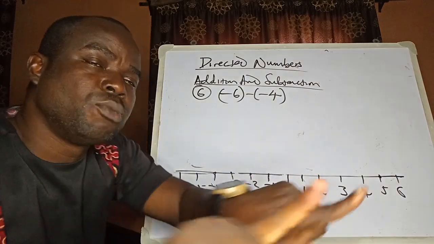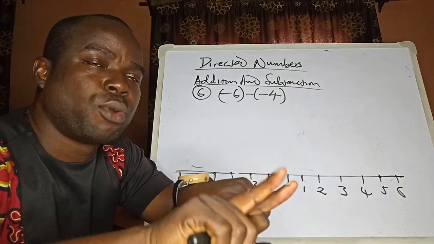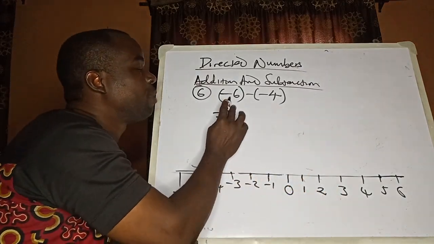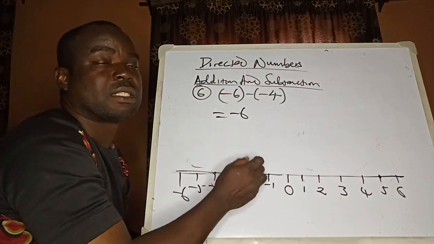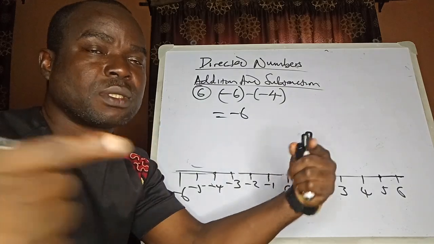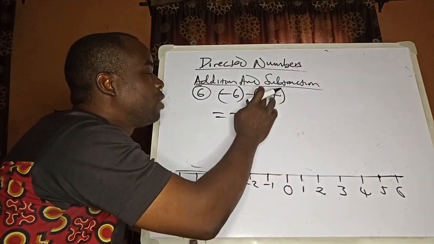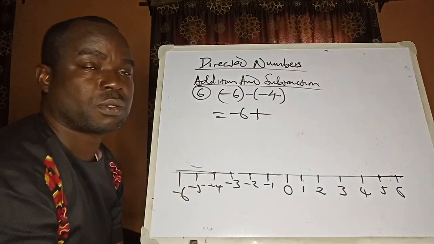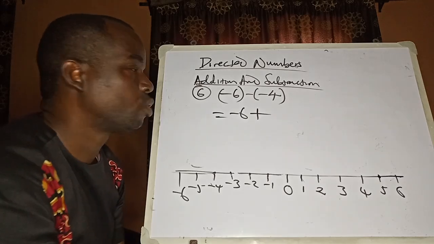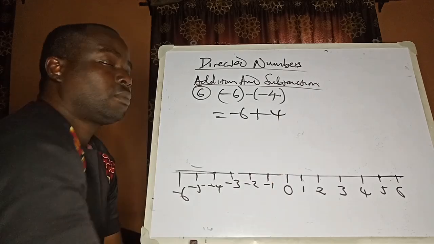When two minus signs come together, they form a plus sign. So, you are going to bring down this minus 6, remove the bracket. Then these two minus signs that will meet each other here, they will form a plus sign. So, minus minus will become plus. Are you following? Minus minus becomes plus. So you bring down this 4.